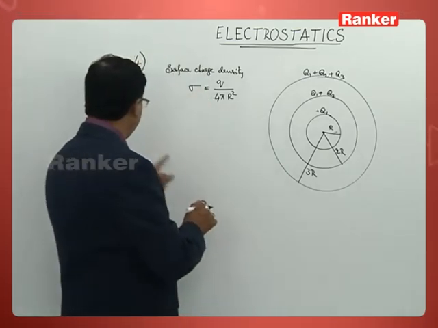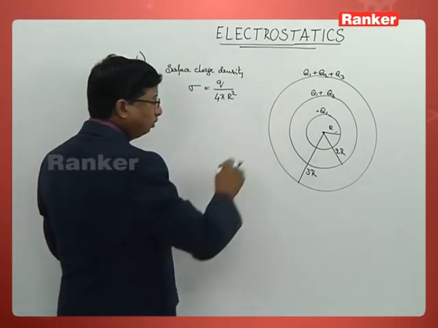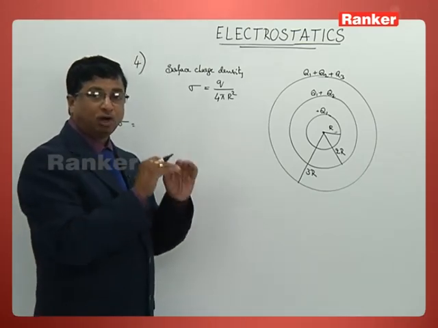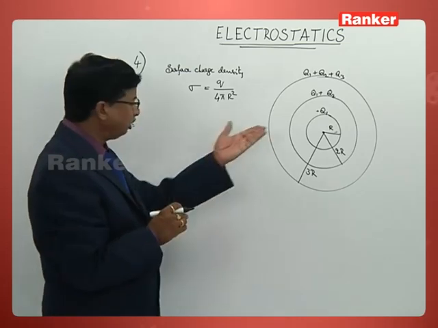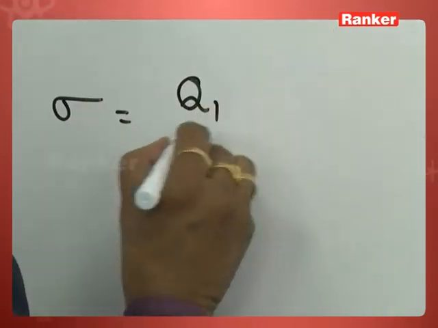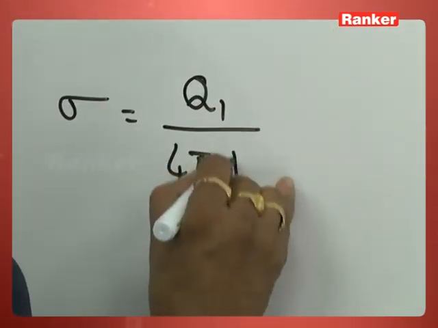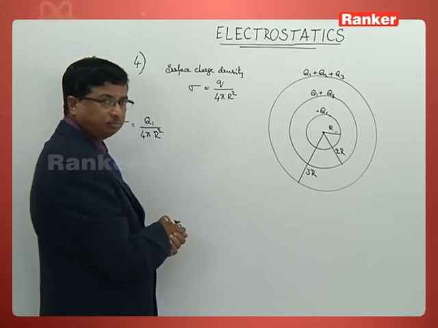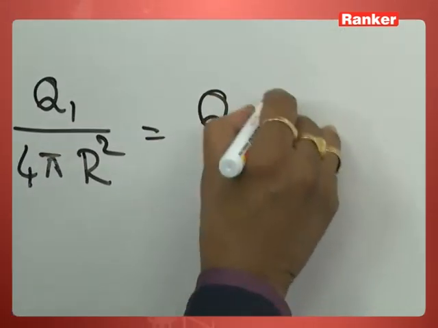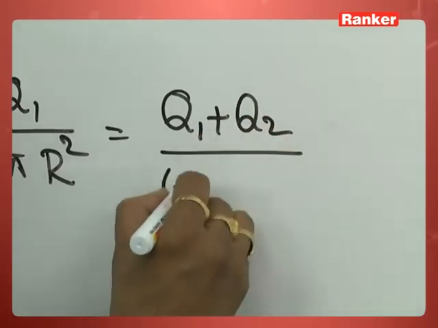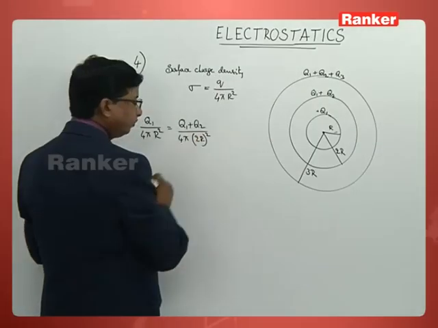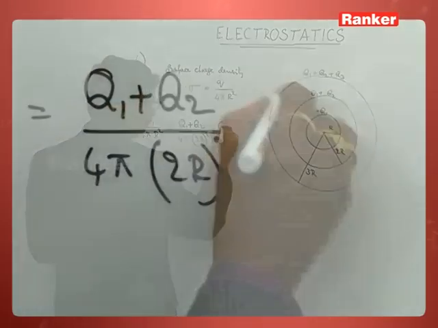Now you can say, since sigma values are equal on all the 3 shells on their outer surfaces, let us equate them now. First one says it is Q1 by 4 pi r square. What about the second one? It's Q1 plus Q2 by 4 pi into 2r whole square. What about the third?